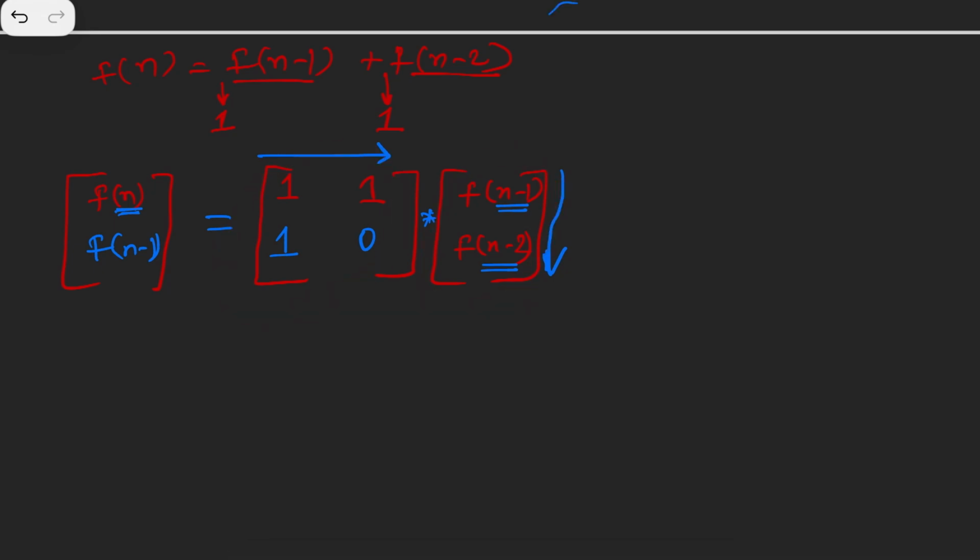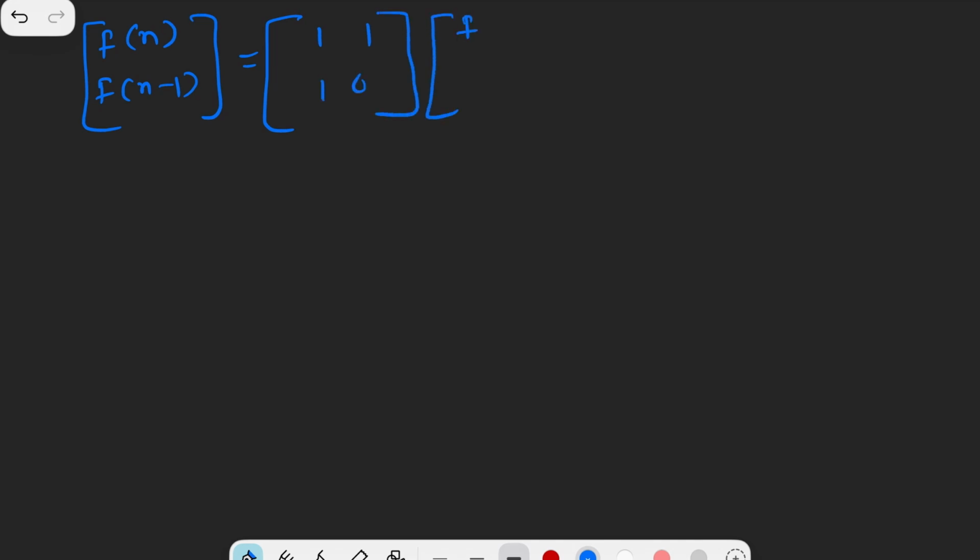Very, very simple. So we saw that we can represent f of n and f of n minus 1 as the matrix 1, 1, 1, 0 into f of n minus 1 and f of n minus 2.